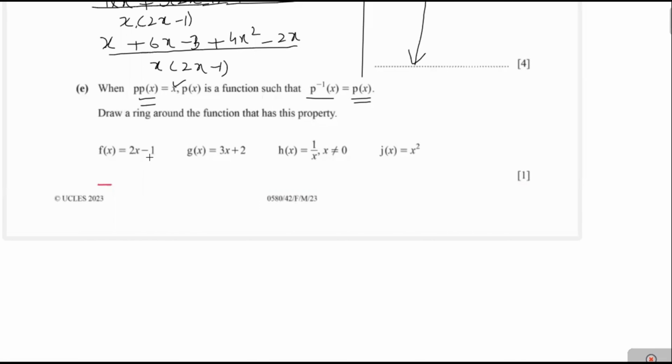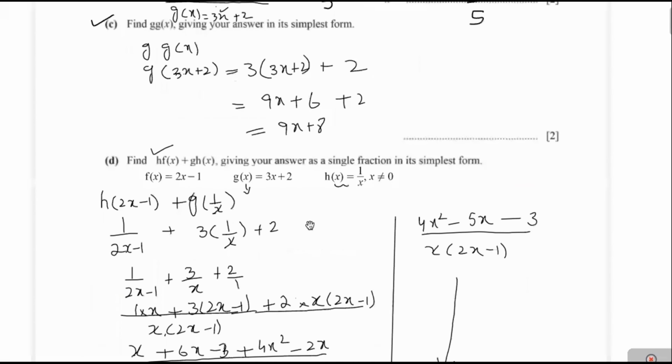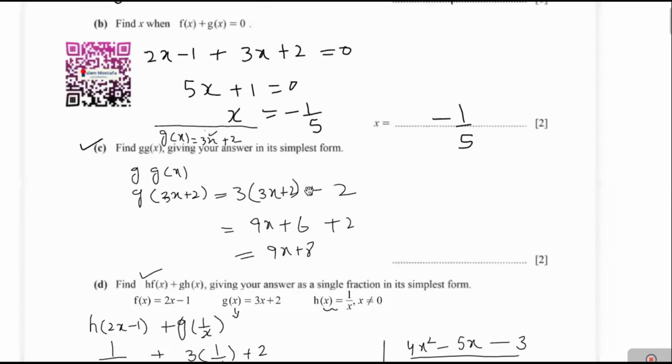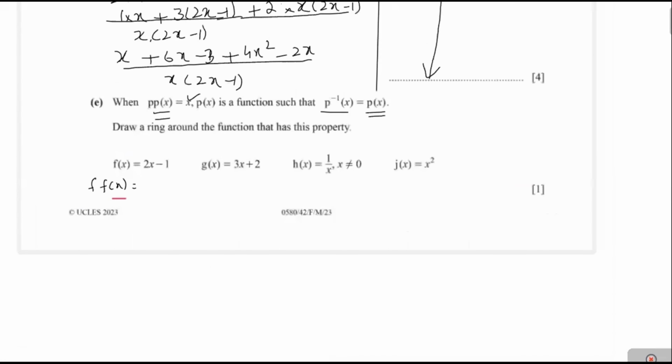Now we check all these functions in which P of x equals x. If f into f of x, we get f into 2x minus 1, and that's equal to 2 into 2x minus 1, minus 1, we get 4x minus 2 minus 1, that's equal to 4x minus 3.